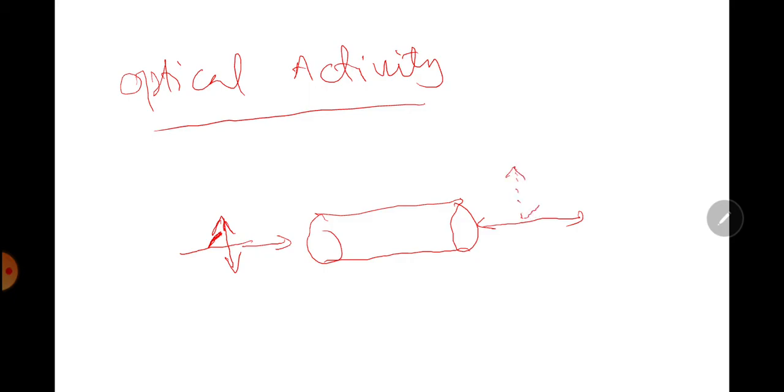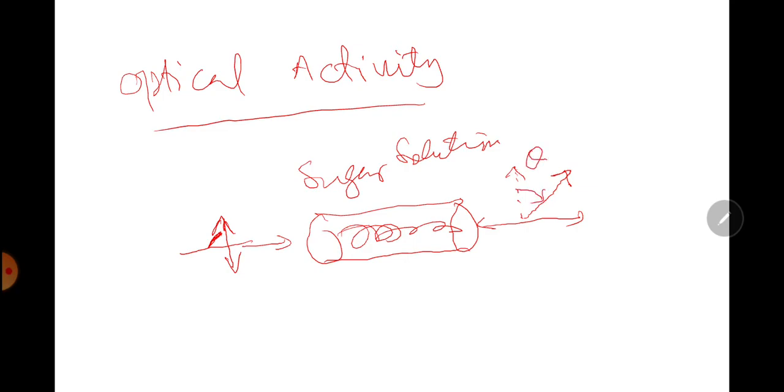Now it is rotated in this direction. So when it is passed through sugar solution, it is rotated at some certain angle called theta. This is called optical activity or optical rotation.